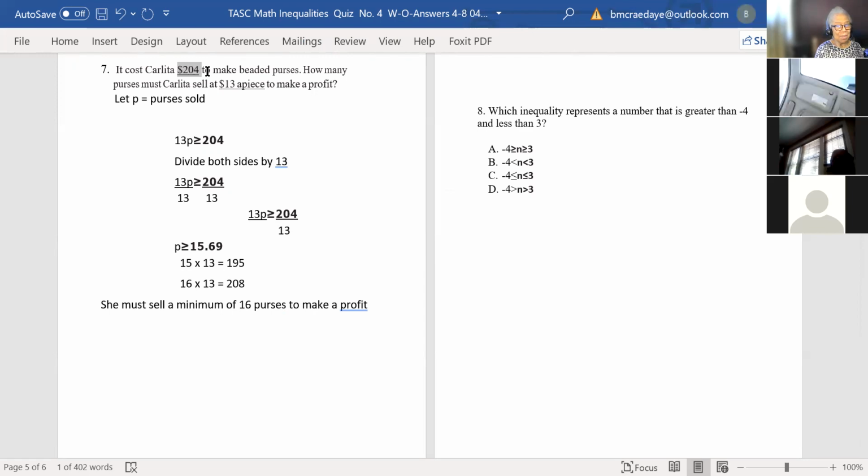Yeah. I had 16 pieces, but I didn't do it as long as this. No, you didn't have to do it this way. But remember, we're doing inequalities. If it weren't inequalities, then you didn't really have to do that, right? You could just divide the 204 by 13 and round it off.